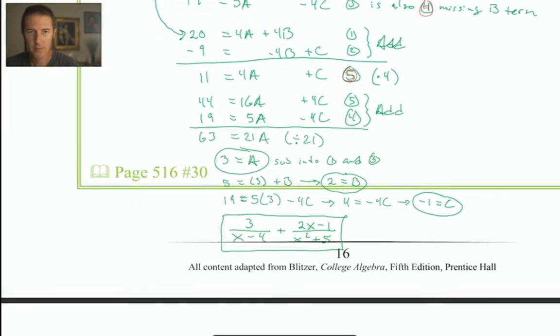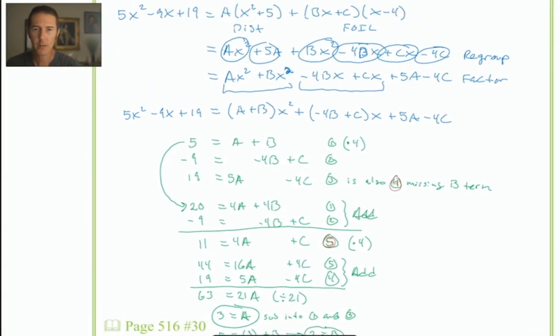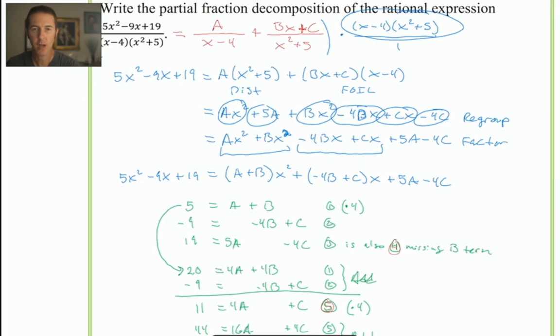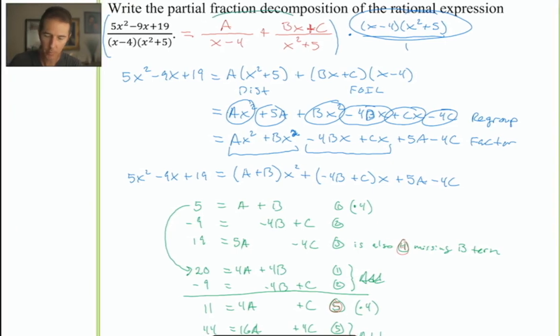That involves a lot of steps, a lot of organization, a lot of labeling, but ultimately the strategy in this problem is identical to the strategy in the first shorter problem that we worked with, where we only had to solve a system of 2 equations. We did the initial format for the decomposition.